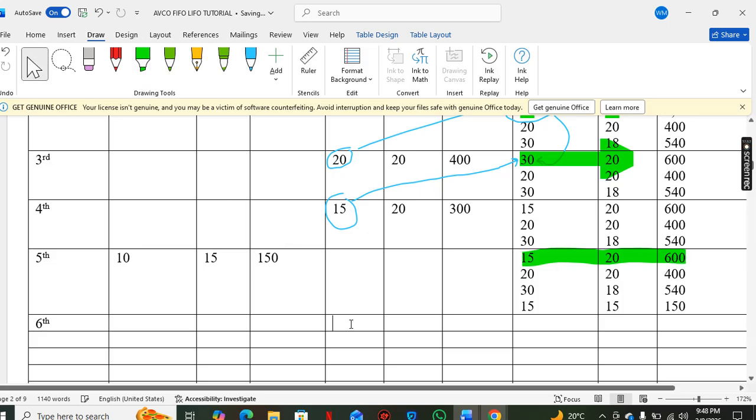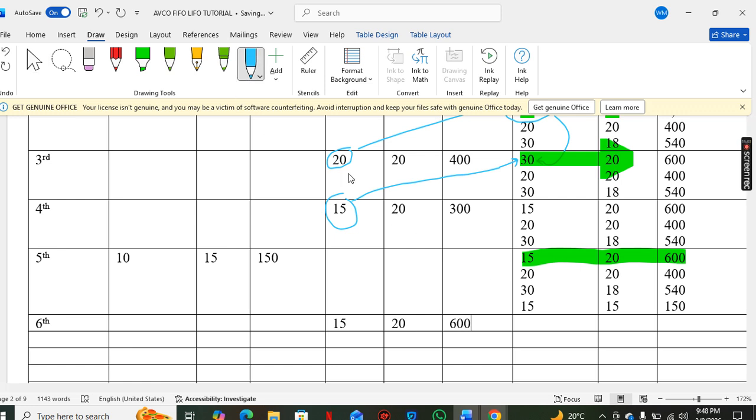So here, 15 valued at 20 kwacha and 300. Now remember, we've issued out 35 units. So we removed 15, which means we're remaining with 20 units.